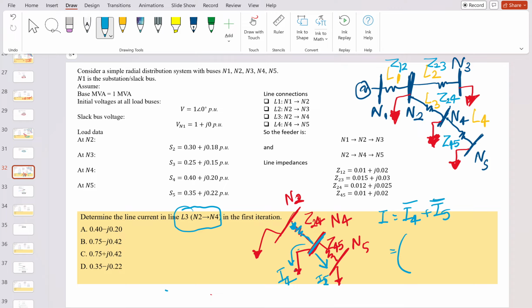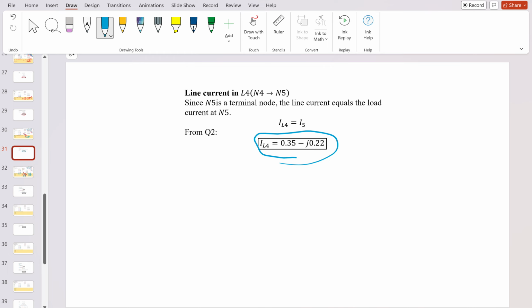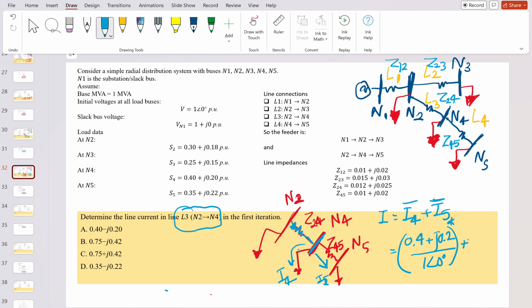It is basically S4, which is given as 0.4 plus j0.2 divided by 1 angle 0 degree, conjugate, plus I5. I5 we have already found in the previous problem, that is 0.35 minus j0.22. So when you sum both, it will be 0.4 minus j0.2 plus 0.35 minus j0.22. Add it up, it will come out as 0.75 minus j0.42. It is coming out to be option B.